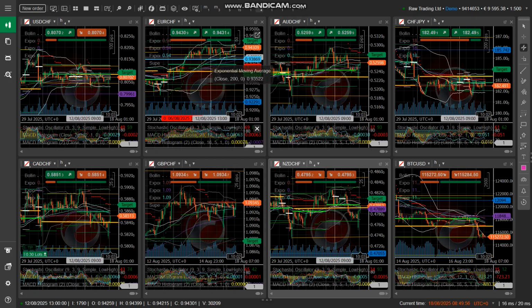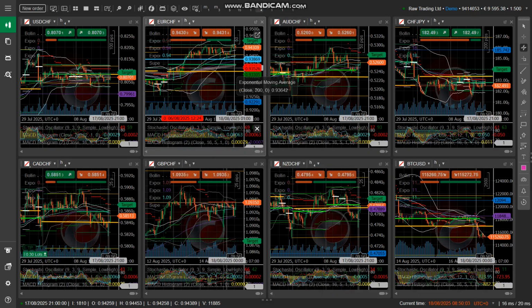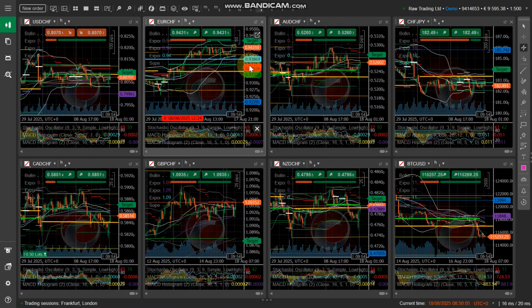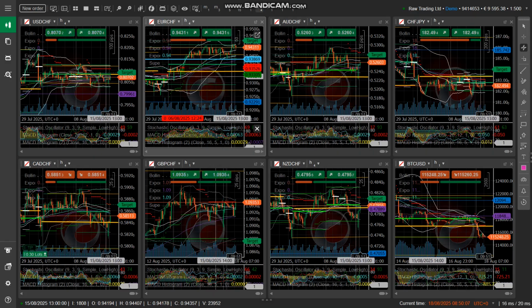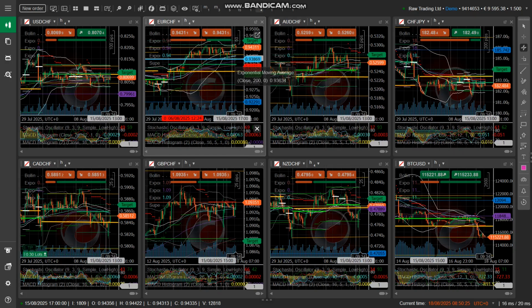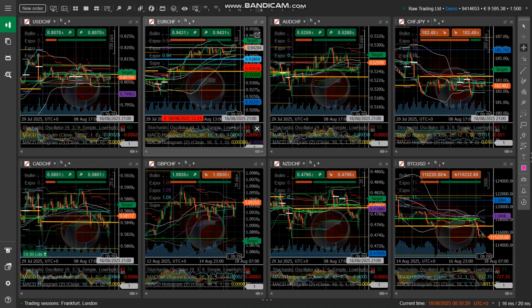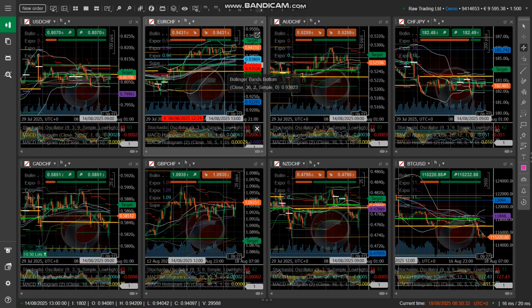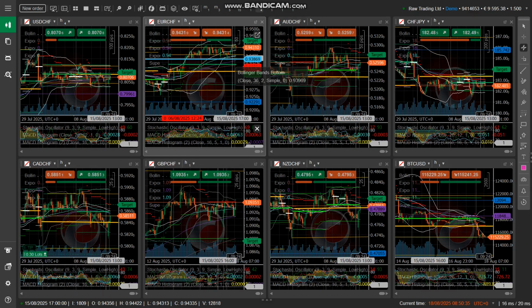Okay, if this is the action now, it is here once before. First of all, the market belongs to the seller in a higher time frame. In a lower time frame, they're trying to move the price back. Are the buyers coming back or not?